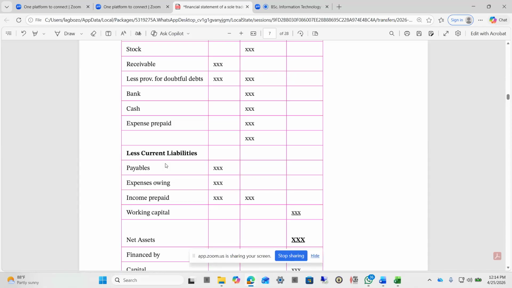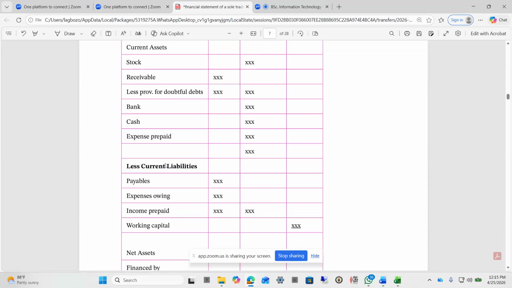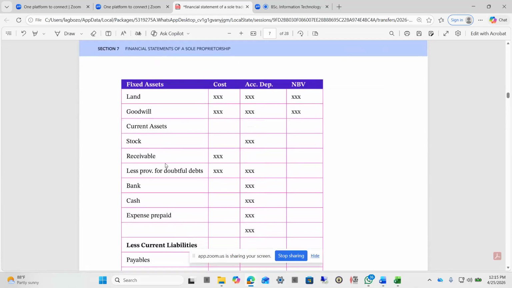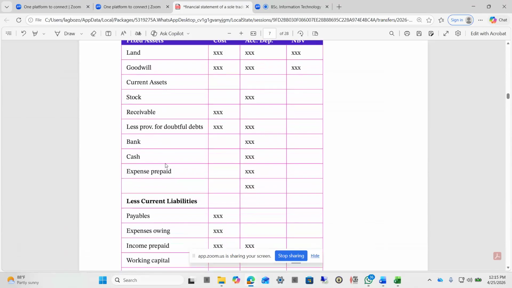Then if someone has given you some money which you have not supplied the things to yet, or you collect some money from somebody and you haven't provided services yet, that is also a liability on you. So we said, if you add your fixed asset to your current asset, you will get your total asset.